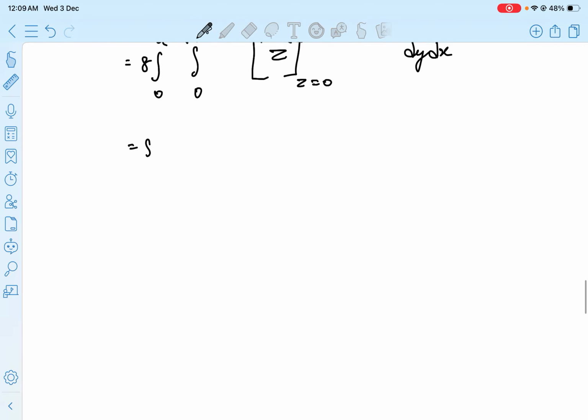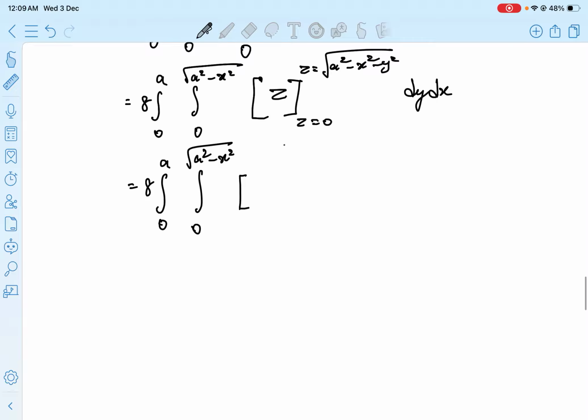So integral 0 to a, integral 0 to root of a square minus x square into, I am going to substitute our z. Our z value is root of a square minus x square minus y square minus 0 into dy dx.